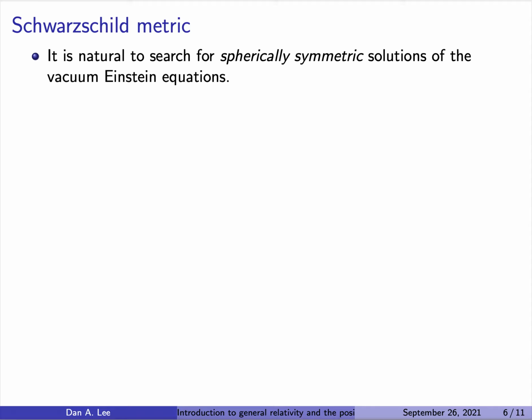Okay, well, what about a non-trivial example? So it's natural to search for spherically symmetric solutions of the vacuum Einstein equations. There are a couple perspectives on why this is natural. One is that you have some rather complicated system of PDEs, and you want to find solutions. Well, in almost any situation, the first thing you'd try is look for solutions with a lot of symmetry, simply because those are the ones you can find.